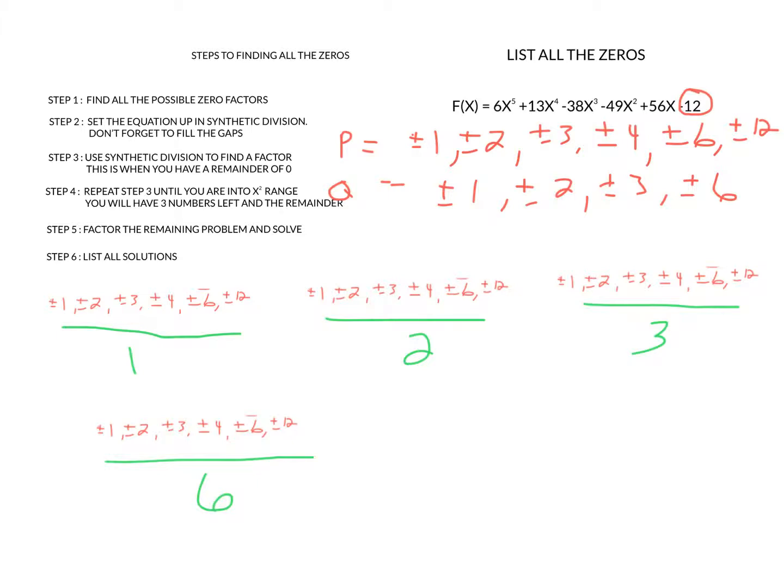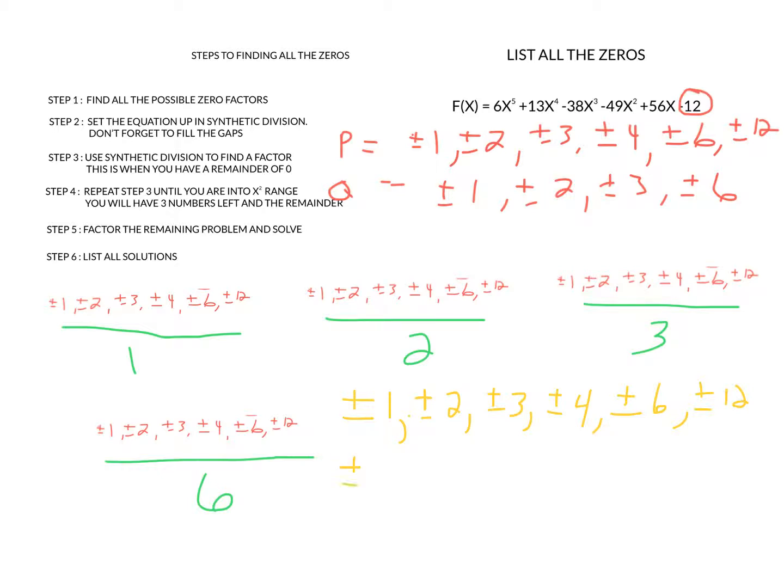Okay, so from our 1s, we have plus or minus 1, plus or minus 2, plus or minus 3, plus or minus 4, plus or minus 6, plus or minus 12. And I should have thrown commas in between here to separate them. Okay, now for the fractions.